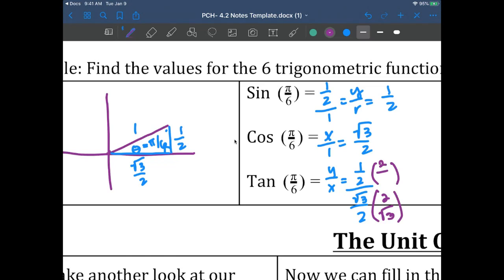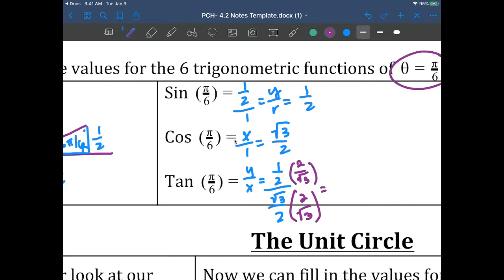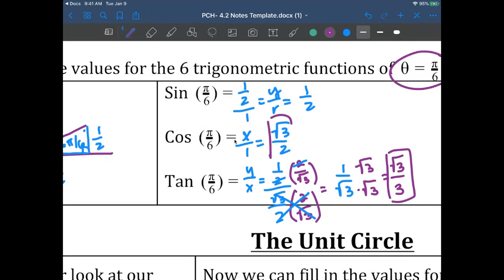Multiply by the reciprocal, that cancels to make a 1, that cancels to make a 1. 2 divided by 2 is 1, so we get 1 over the square root of 3. Y'all know that we need to rationalize, so I'm going to go ahead and multiply by root 3 on the top and the bottom, giving us root 3 over 3. So that's a common ratio, that's a common ratio, that's a common ratio. Know them, learn them, love them.